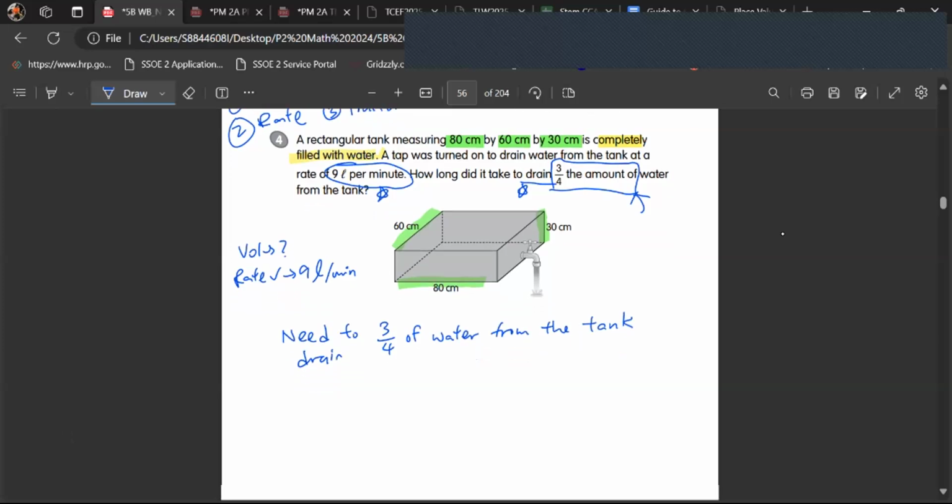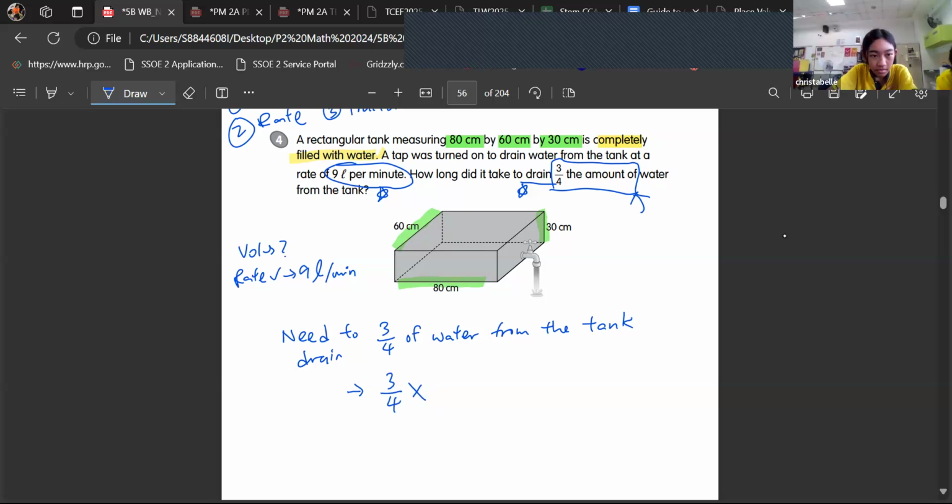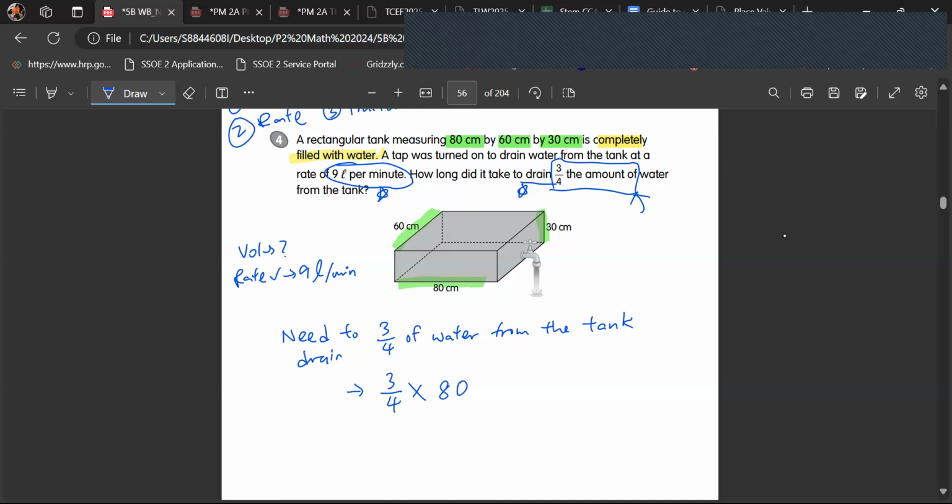So 3/4 of the tank will be 3/4 times the volume of water, which we know, like Abraham said, length times breadth times height. So 80 centimeter times 60 centimeter times 30 centimeter.